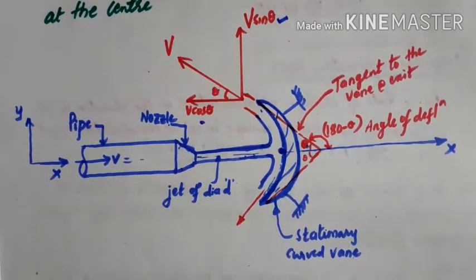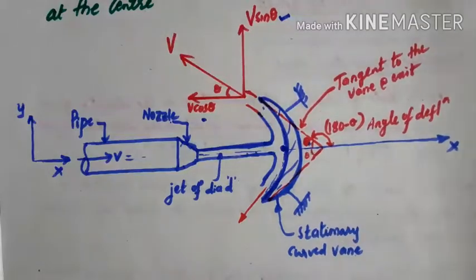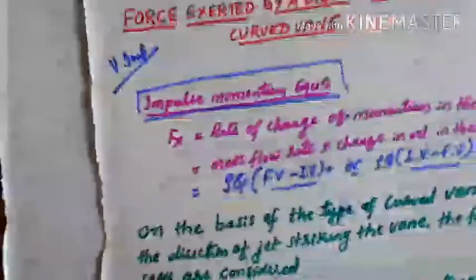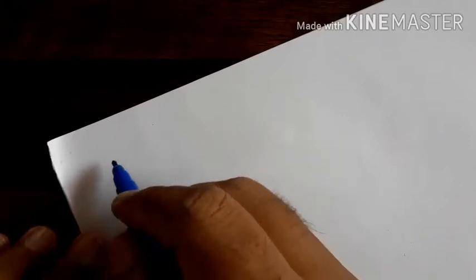Okay, now let us solve this one. Then we have to write here the velocity at the outlet of the plate.